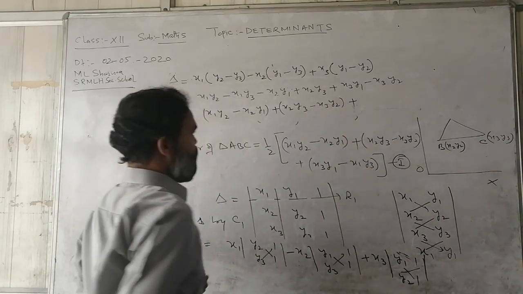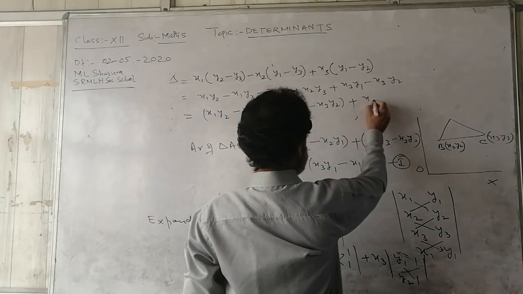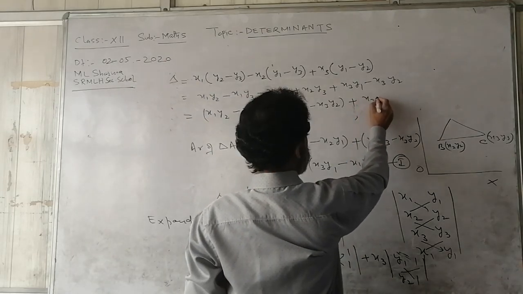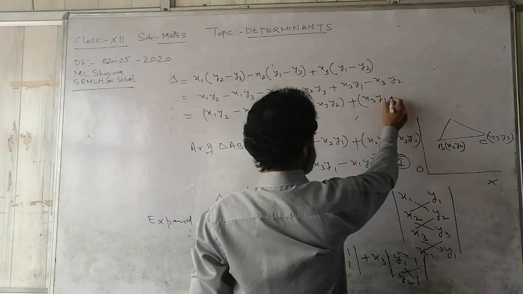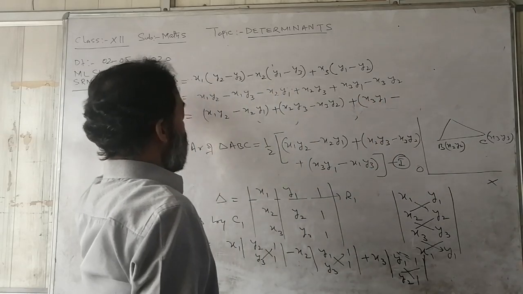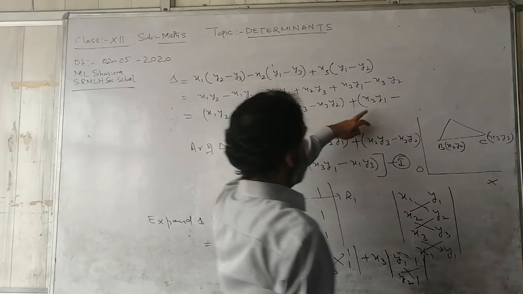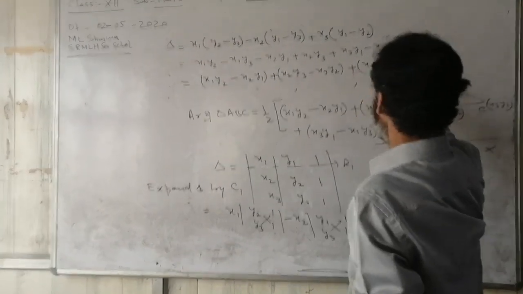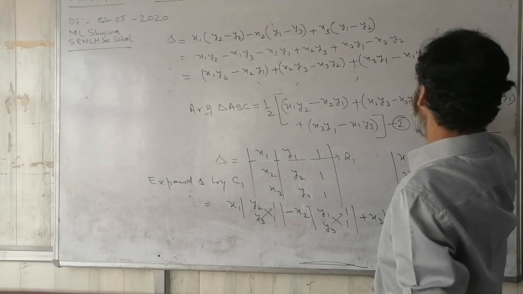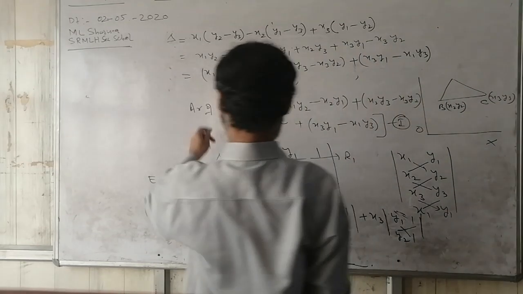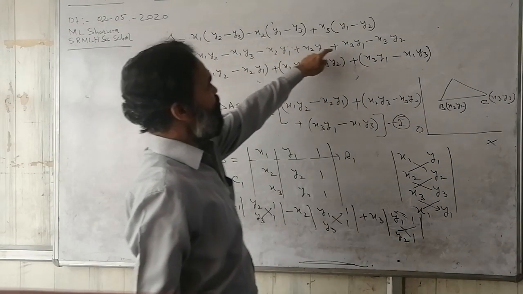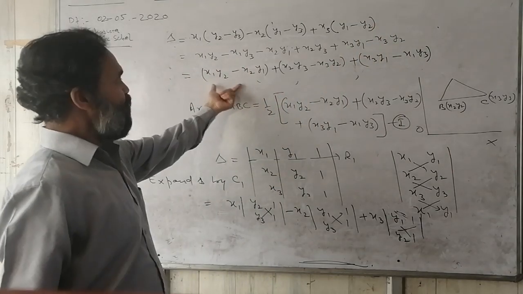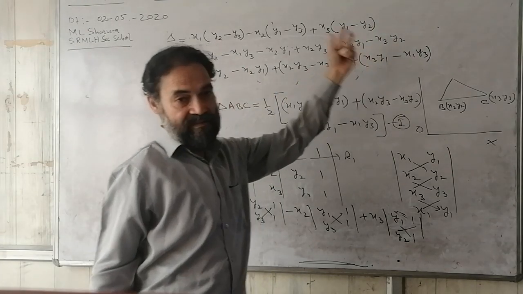The remaining two terms, x3 y1 minus the last term x1 y3. So I have total terms 1, 2, 3, 4, 5, 6.